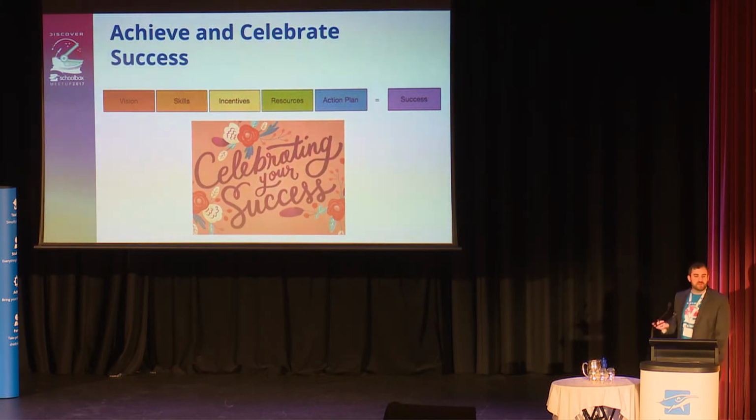So it's these 5 things, and if we think through them, we can get success. As I said, this could be for a small project, or you look at it as a whole school change, or institutional change. The same 5 things will always lead to that success.